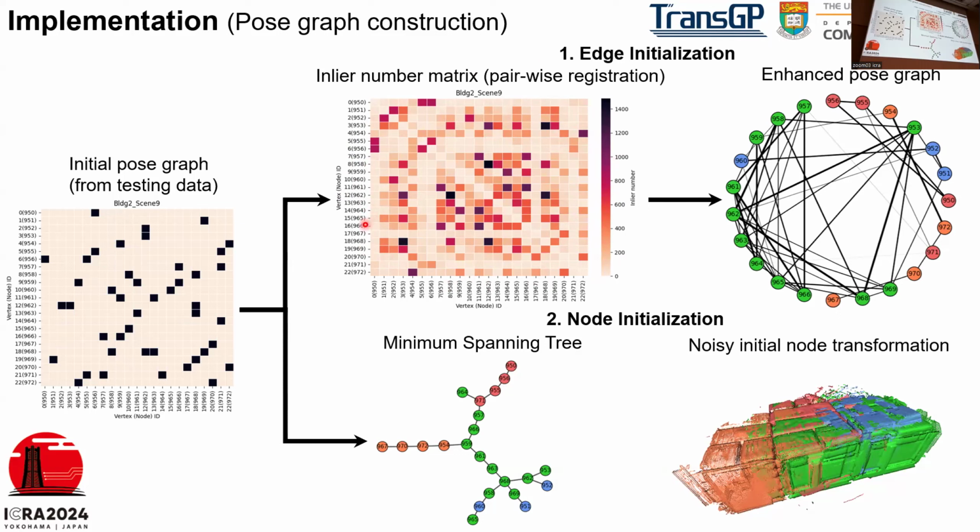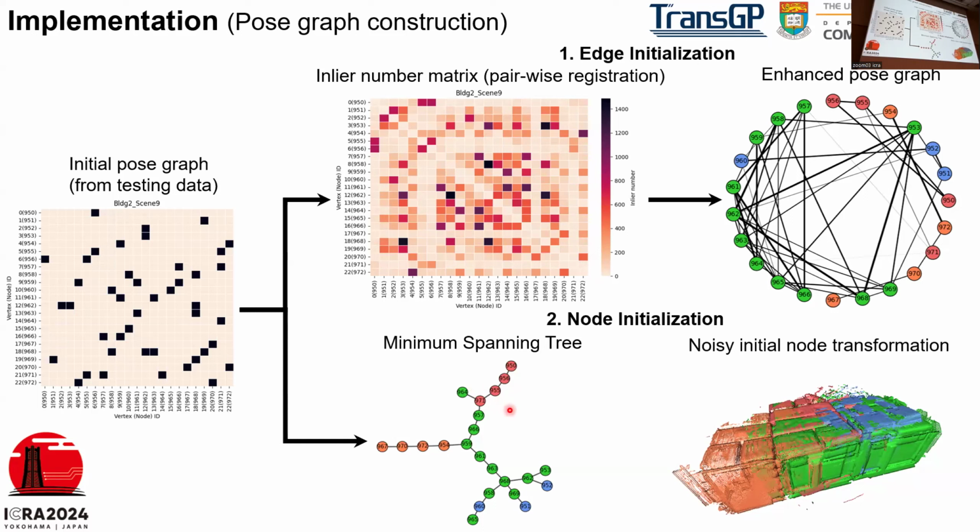So with these two adjacency matrices, we get the enhanced pose graph. The word enhanced means that the initial pose graph is enhanced by the high confidence edges from the pairwise registration.